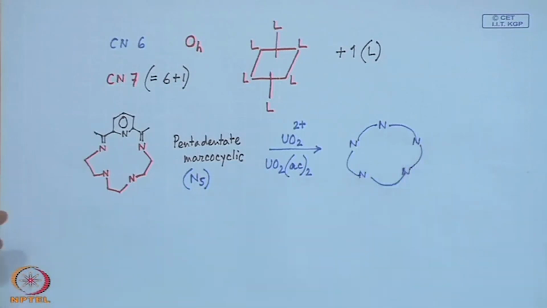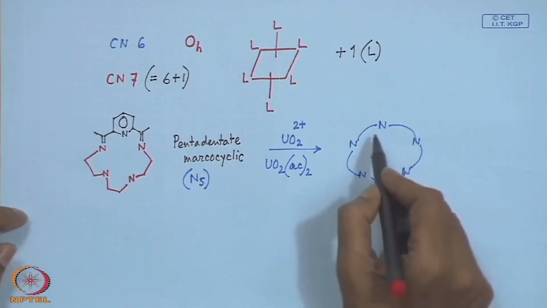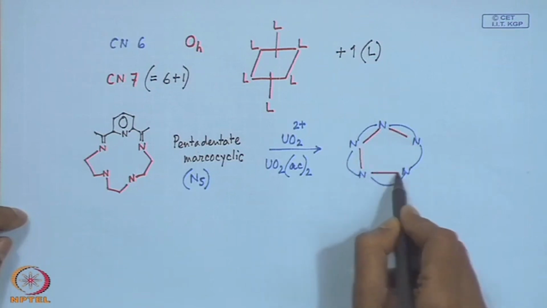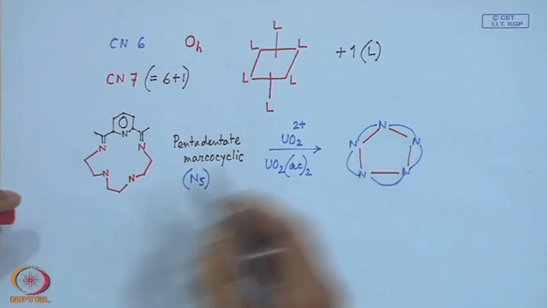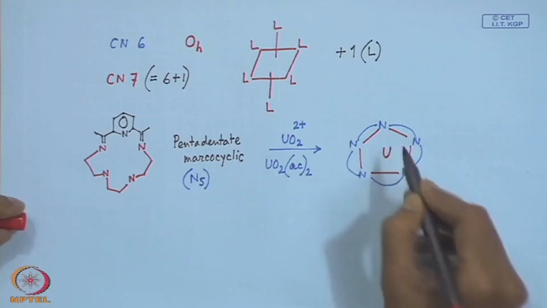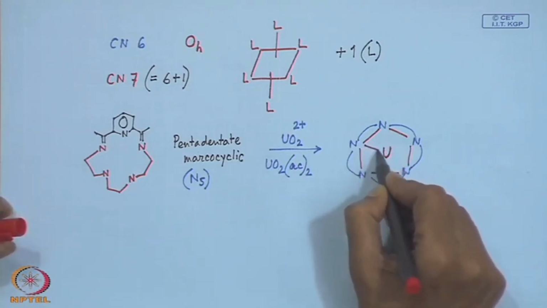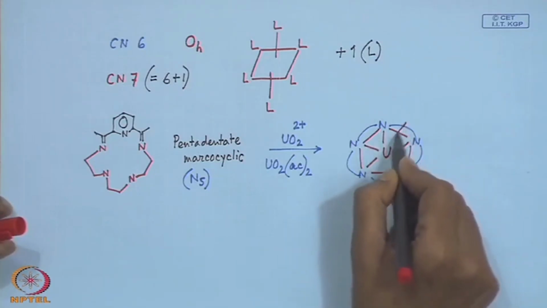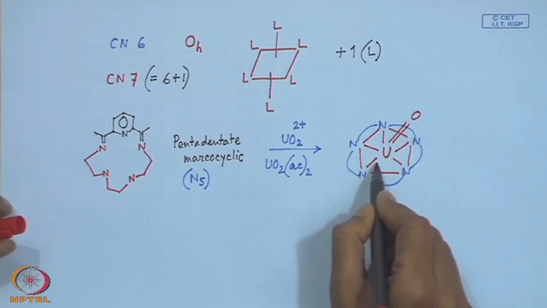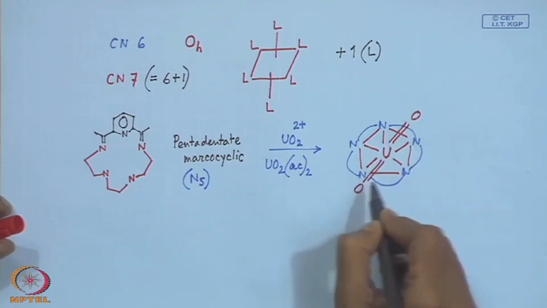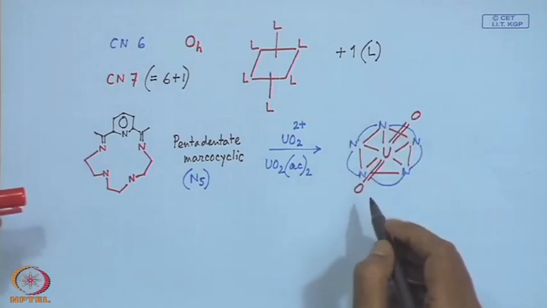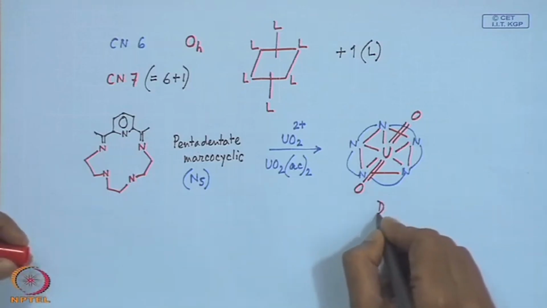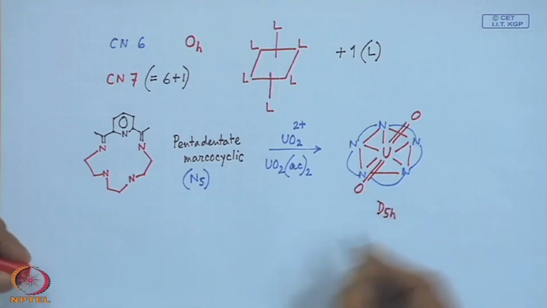So, what we get from here is a pentagonal arrangement. If our uranium is coordinating over here, we get 5 bonds from one plane, and this double bond is here and another double bond above and below the pentagonal plane. So, we get a pentagonal bipyramidal geometry where the symmetry would be D5h.